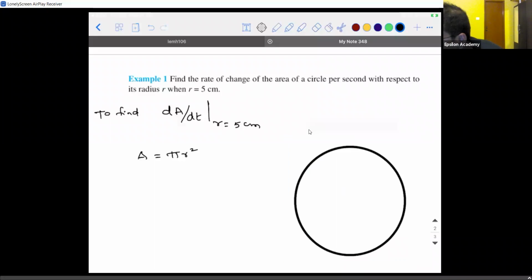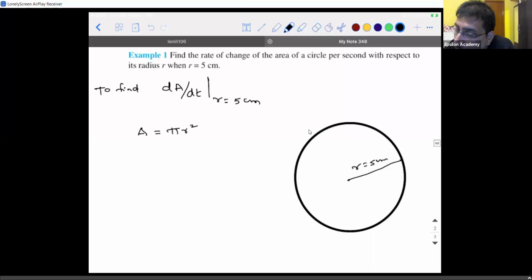And there will be one particular instant at which r will be 5 centimeter. When it was 0.5, the area was something else. So with respect to time, when I dragged it, the area kept increasing. So area was changing with respect to time. So what is the speed at which the area is changing when the value of r is 5 centimeter is what we are going to find.